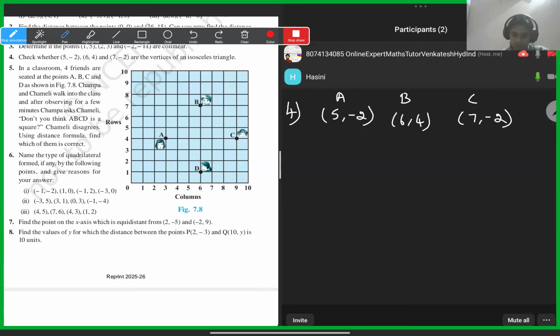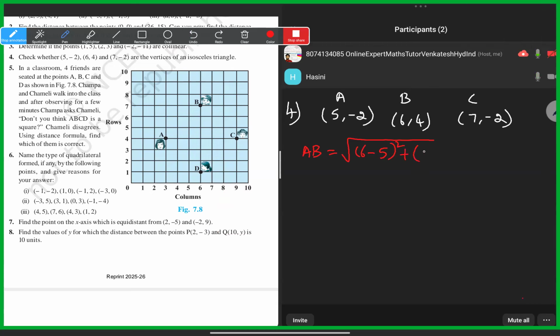So first AB, you will tell the formula. AB distance is root of (6 minus 4)... sorry, (6 minus 5) whole square plus (4 minus (-2)) whole square.